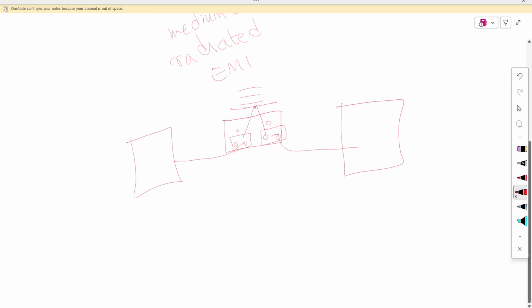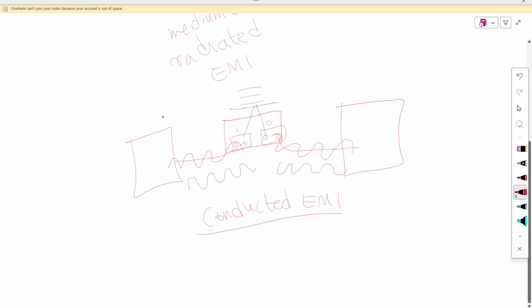For example, this device is producing some EM wave, which travels into the wire and into the common one, and also impacts this device. Simultaneously, this device also produces some EM wave, which is transferred into the other device. This is what we call conducted EMI.